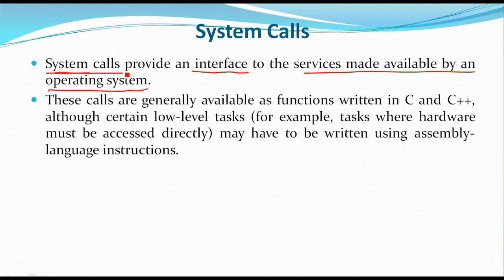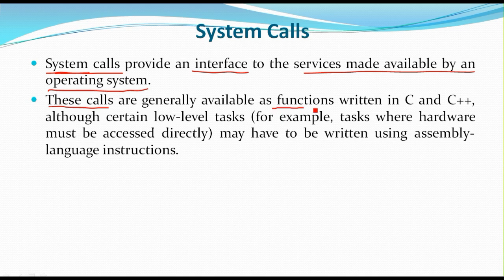The system call provides the interface to the services which are made available by an operating system, and these system calls, or system service calls, are generally available as functions.